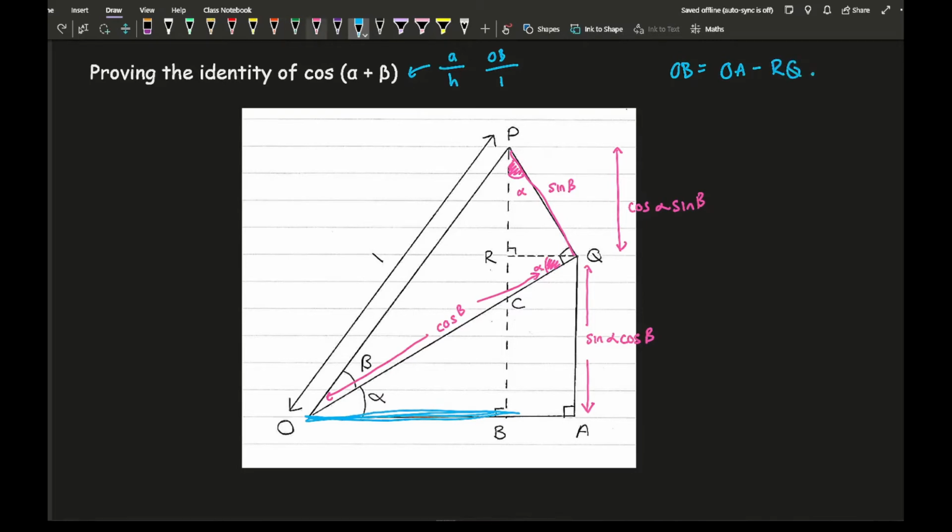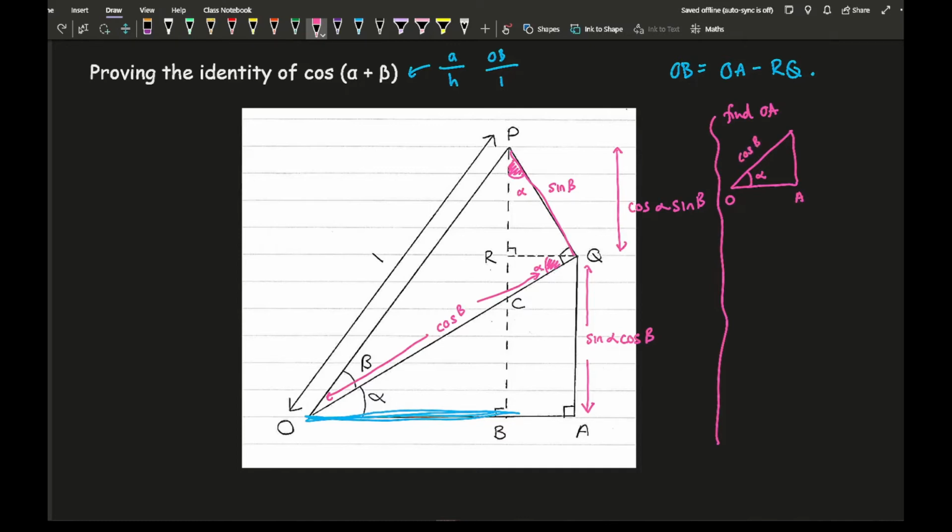So starting off, let's look at OA. So in terms of finding OA, here I've got my triangle and I've got alpha. I know that this length here, that's O to A, is going to be cos beta.